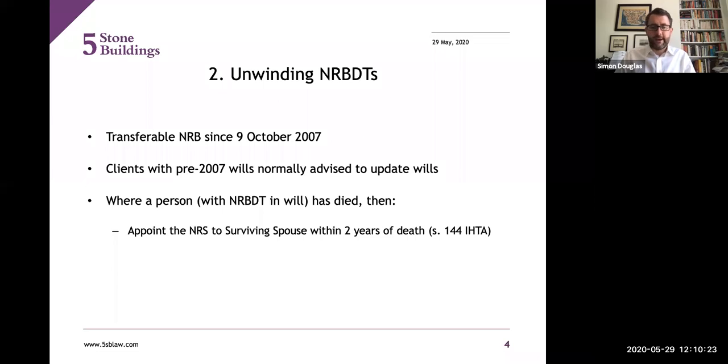And the reason you do that is that because it's within 2 years, that appointment should be read back into the first spouse's will. So it will be treated as though the first spouse simply gave their entire estate to their surviving spouse. That is the effect of Section 144 of the Inheritance Tax Act.